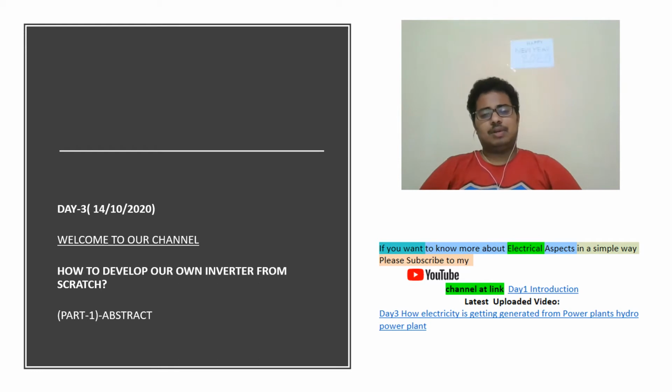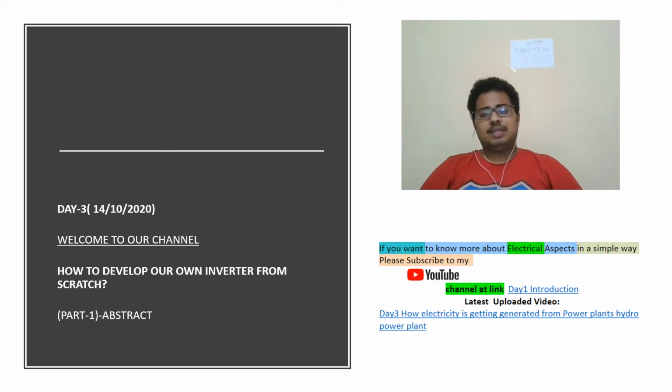The voltage, current, or power it generates is DC in nature. But we can't transmit DC directly through our transmission lines, because DC transmission was outdated in the initial phase of electricity itself. So we have to convert that into AC form.